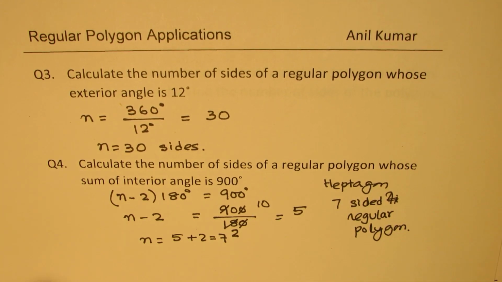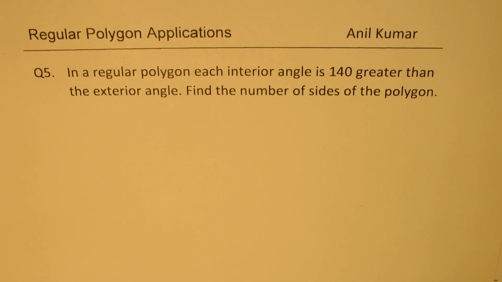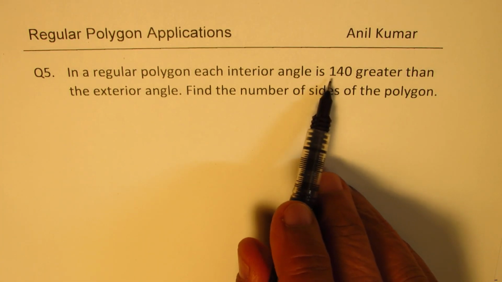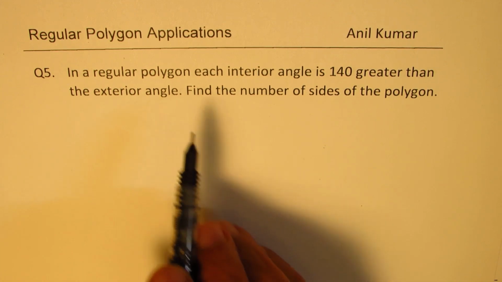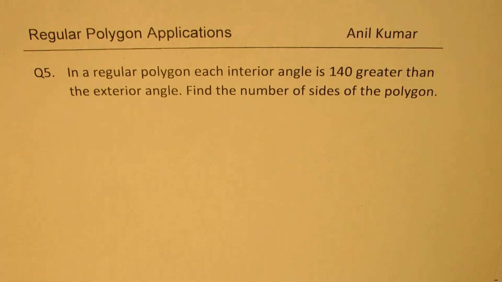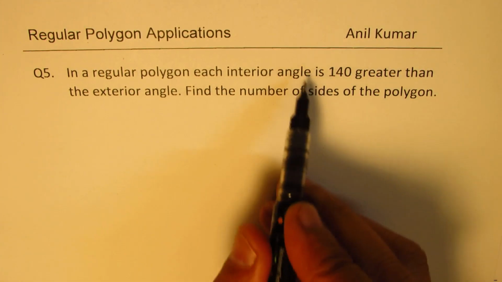Okay, let's move on and take the next 2 examples. Now these are thinking questions. It says, in a regular polygon, each interior angle is 140 greater than the exterior angle. Find the number of sides of the polygon, correct? Now what is the exterior angle of any polygon?